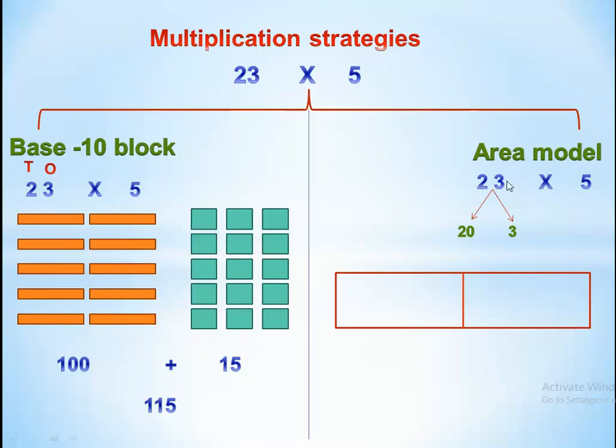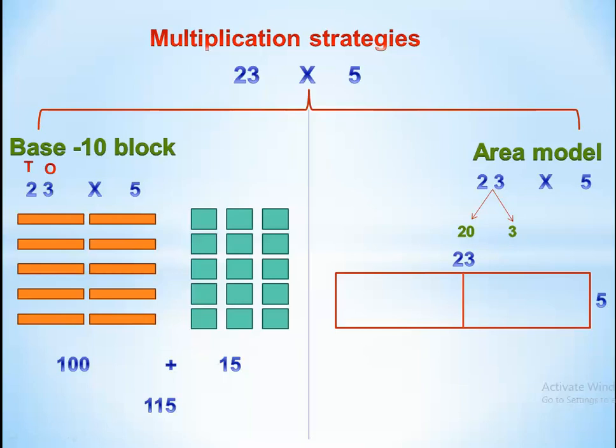So the biggest number has how many houses here? We have 1 and 10, so we have 2 houses. The long side represents the biggest number, 23, and the short side represents the smallest number, 5.